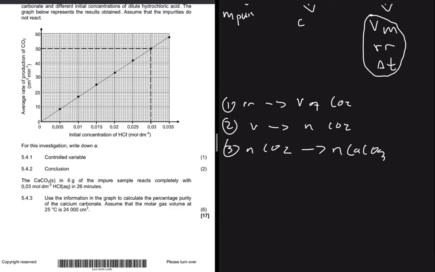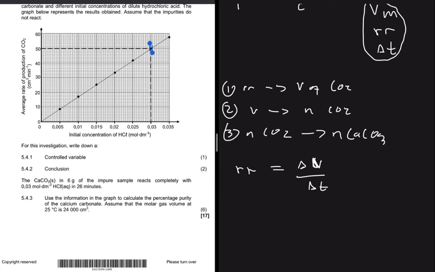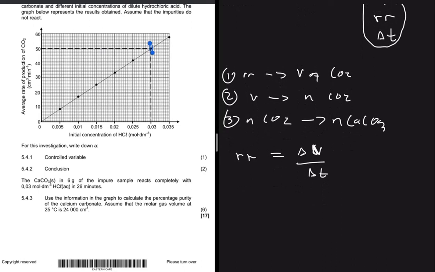So we know that for a gas, the reaction rate is equal to the change in the volume divided by the change in time. And then if we take this bullet point at the top, where HCl is 0.03, the average rate of production is 50 centimeter cube per minute. So we're going to have 50 equals the change in volume divided by the change in time.